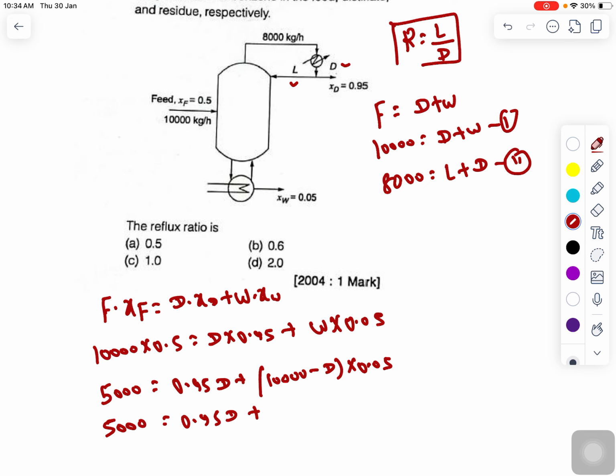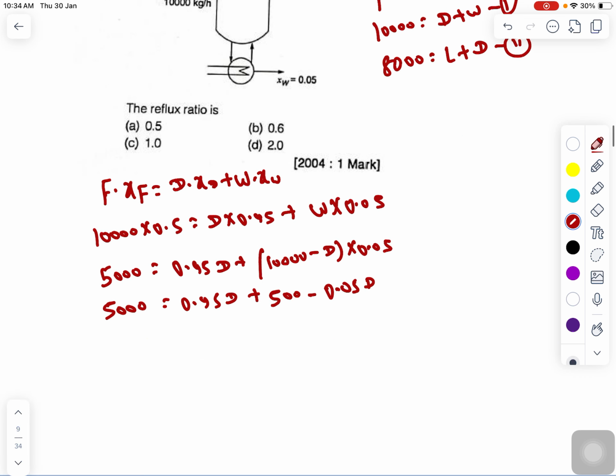That can be written as 5,000 equals 0.95 D plus 500 minus 0.05 D, so that will be equals to 4500 is equals to 0.90 D.